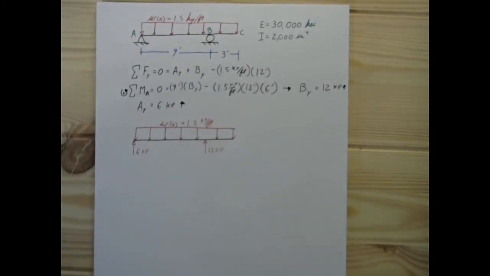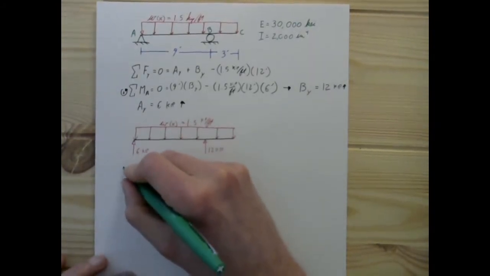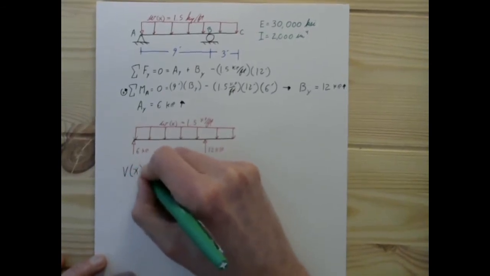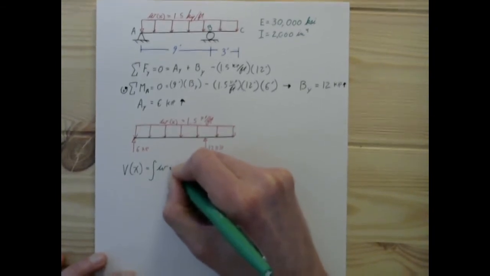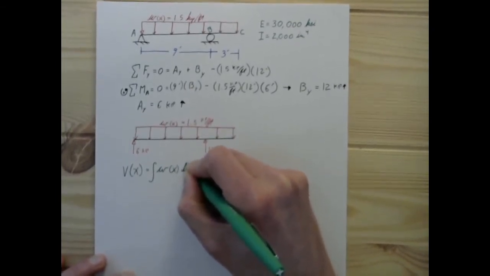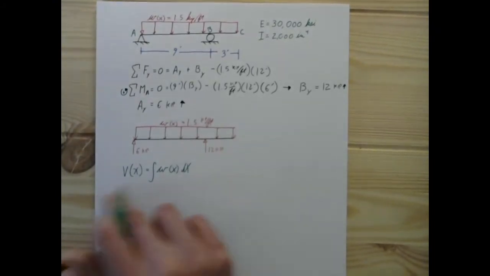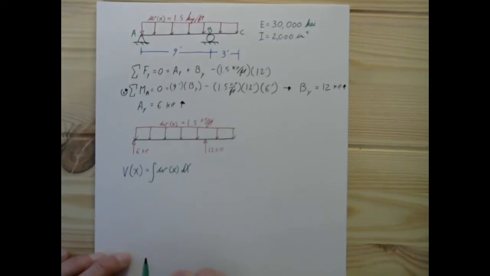Now we want to set up the shear diagram. So we're going to use the equation that the shear is the integral of the distributed load. Fortunately, our distributed load function is extremely easy.